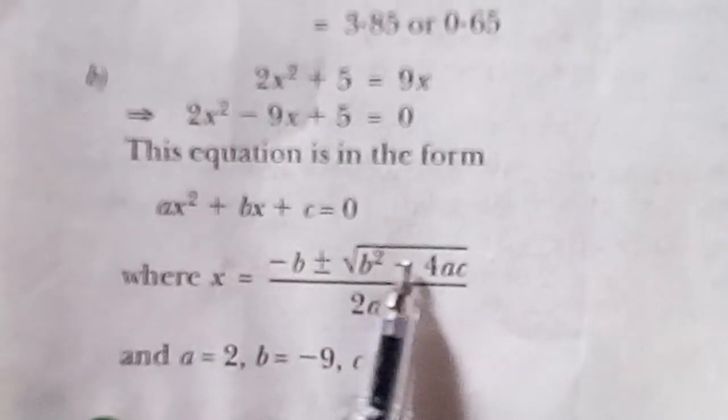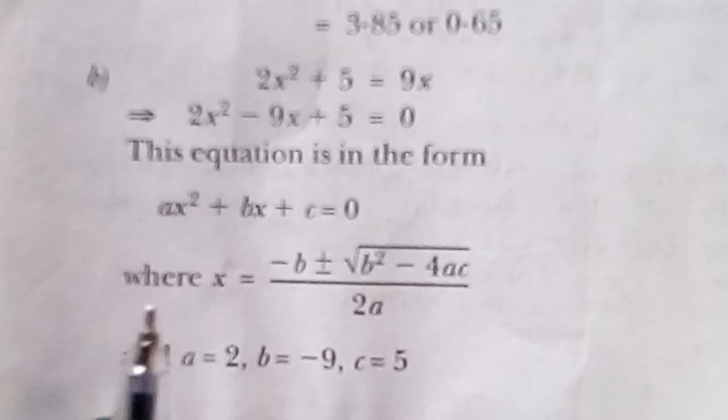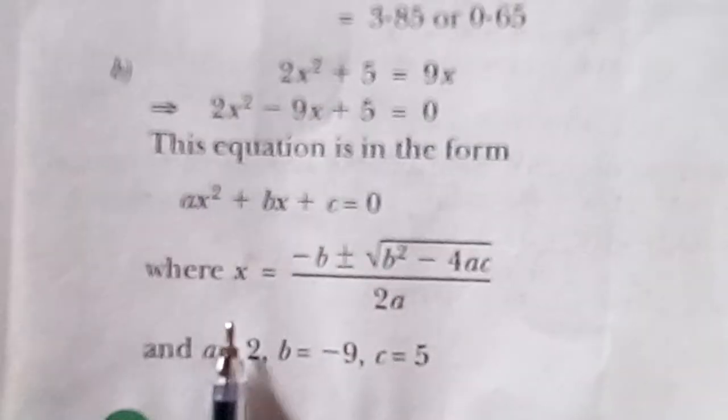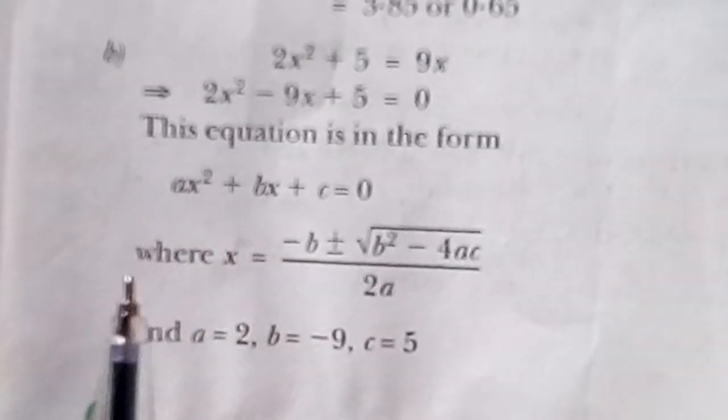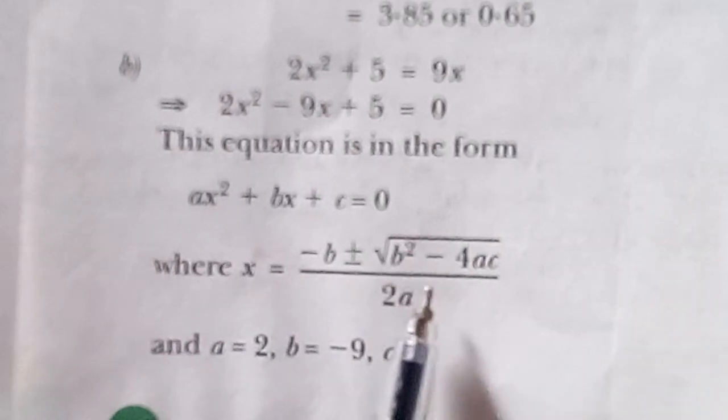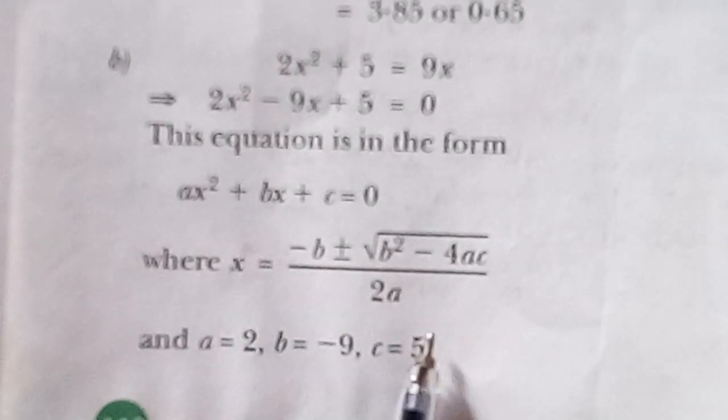This is the formula. Anywhere you see a, you use 2. Anywhere you see b, you use minus 9. Anywhere you see c, you use 5.